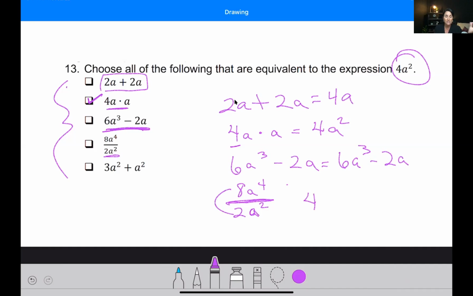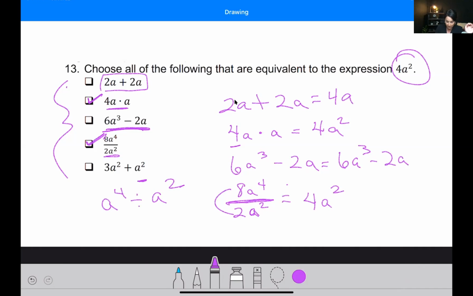Adding and subtraction, you have to have the same base, but in multiplication and division, you don't. When you divide a to the 4 by a to the 2nd, you essentially subtract the exponents. So it would be 4a squared because 4 minus 2 is 2. So 8a to the 4 divided by 2a squared is going to be 4a squared. So yes, that one works.